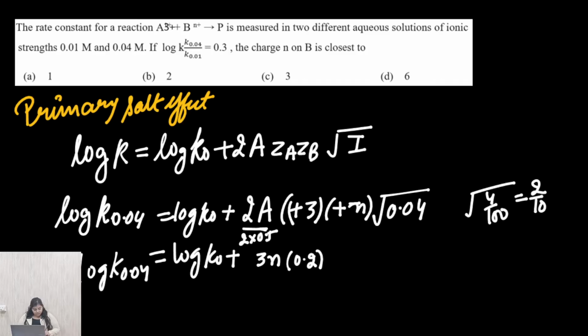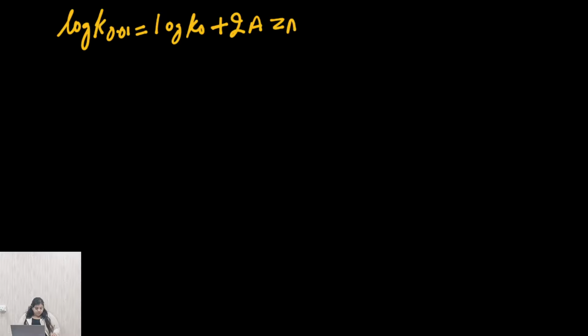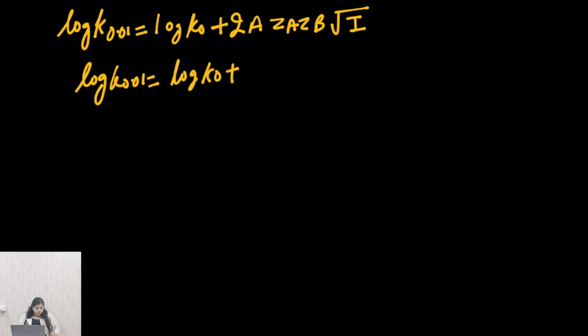In a similar manner, for the other ionic strength, which is 0.01, the rate constant will be log of K naught plus 2A times ZA into ZB into the root of the ionic strength. So log of K of 0.01 will be log of K naught plus 2A, which is unity.